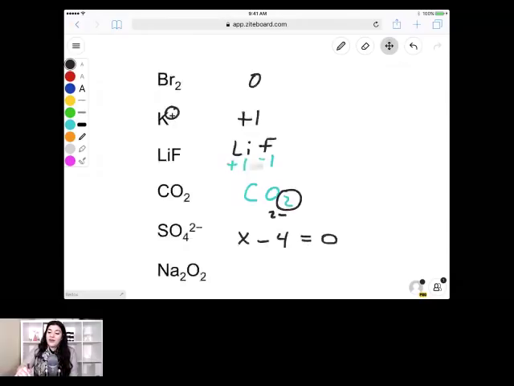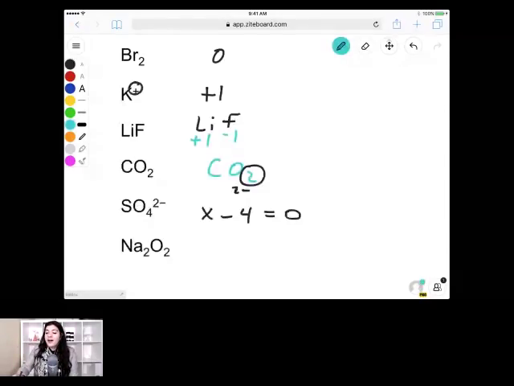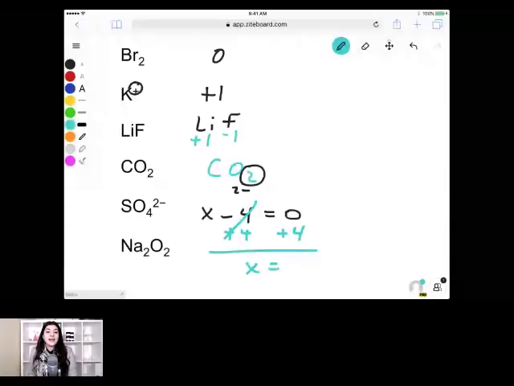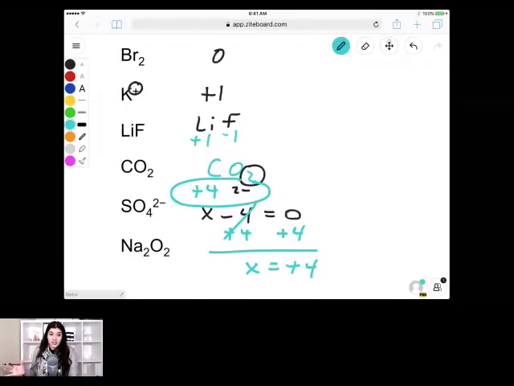So now I'm going to solve for X by adding 4 to both sides to cancel it out. And there I see that X is equal to +4. So yep, carbon's oxidation number is +4. Our oxidation numbers in this case are carbon with a +4 oxidation number, and oxygen with a 2- oxidation number.